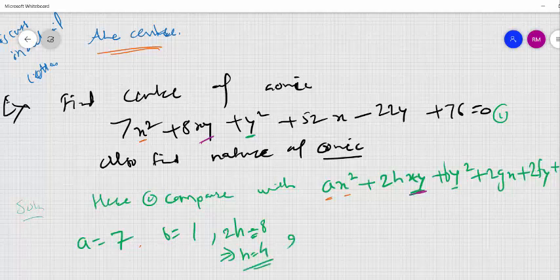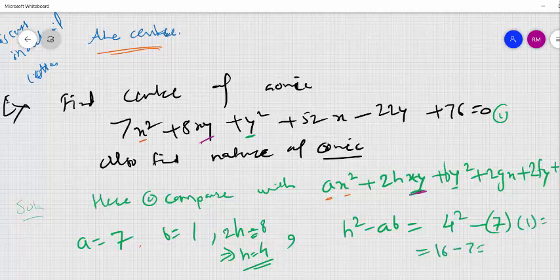From this data, actually we have to compare all these, but first we focus on this one. We know the remark h square minus ab. If it is 0, then parabola. If it is negative, meaning less than 0, ellipse. If greater than 0, then hyperbola. So 4 square minus a is 7, b is 1.